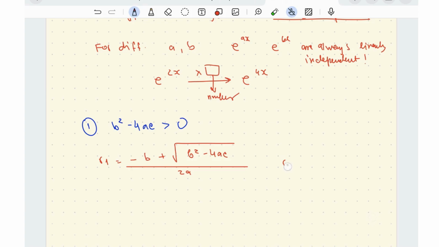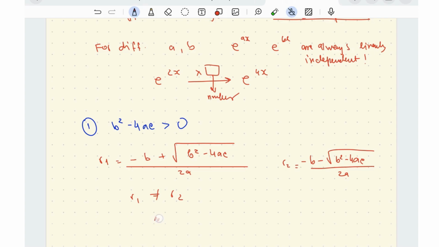So they are real and different. r2 equals minus b minus the square root of b squared minus 4ac over 2a. But they are different, so r1 is different from r2.